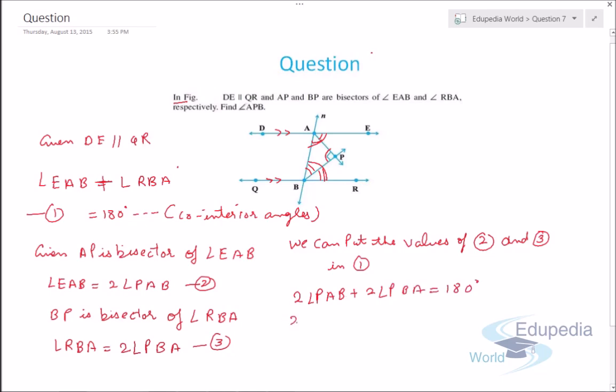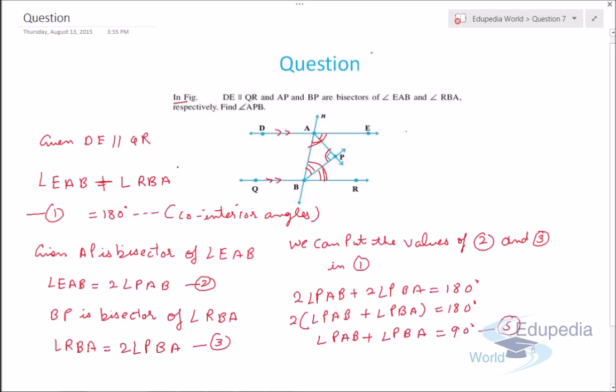So we can take 2 common out, it will come angle PAB plus angle PBA equals 180 divided by 2, so it will come angle PAB plus angle PBA equals 90 degrees. So we got this plus this angle is 90 degrees. So let's mark this equation as 5.